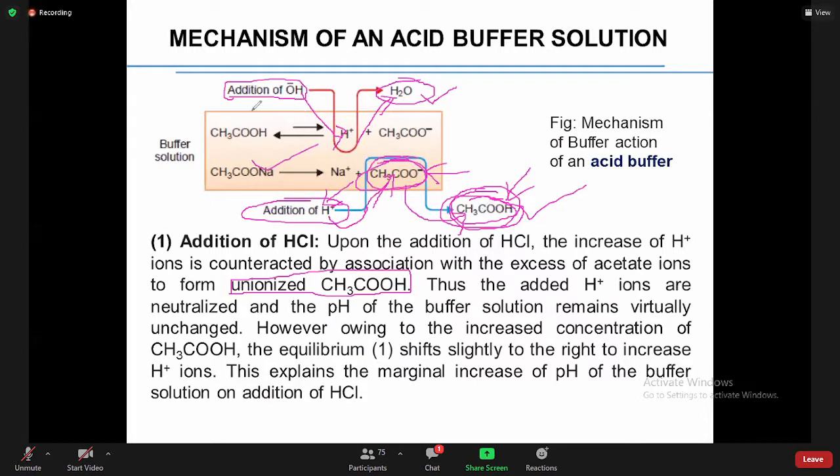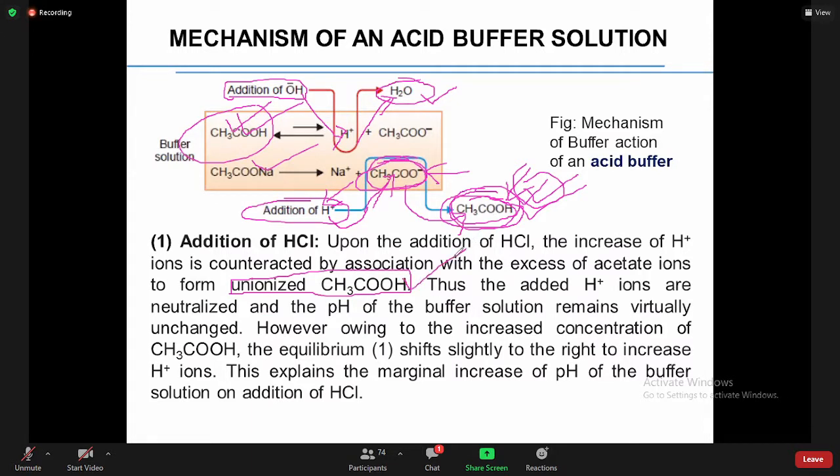In the buffer solution, there is already the presence of acid, right? So due to the presence of the acidic part, the newly produced acetic acid will not dissociate much. That means it will be mostly unionized.